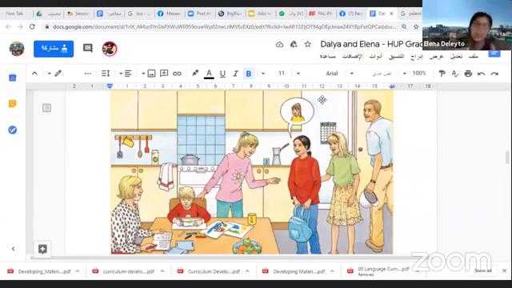Oh, fantastic, Dalya. That's much better. Can the audience confirm that they can see the picture? Or can we check on Facebook? Please write in the comments if you can see the picture. Fantastic.